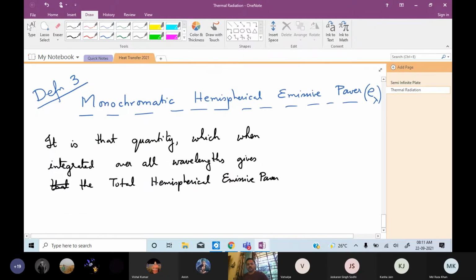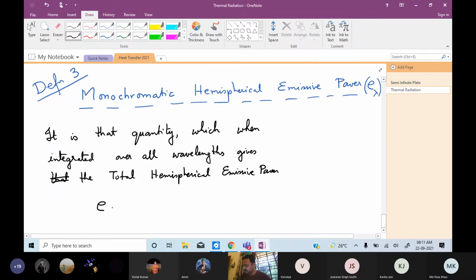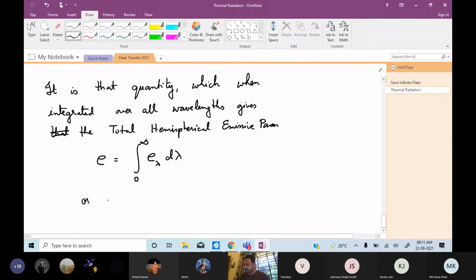So what I'm trying to say is E is the integral from 0 to infinity of E lambda d lambda. Or, E lambda is dE d lambda.